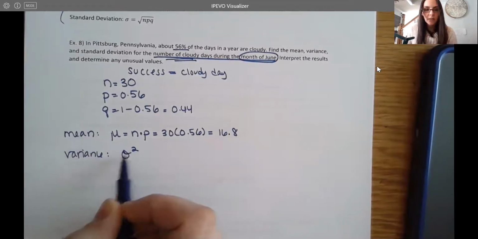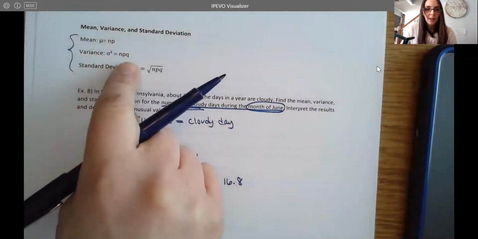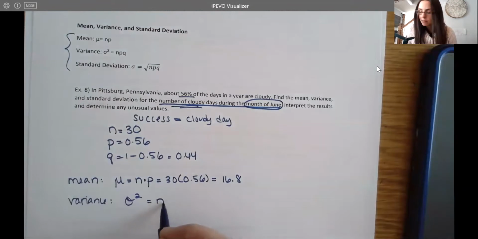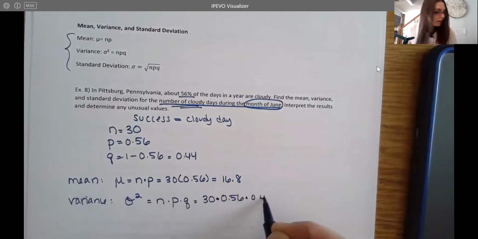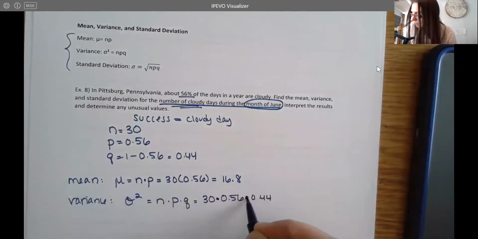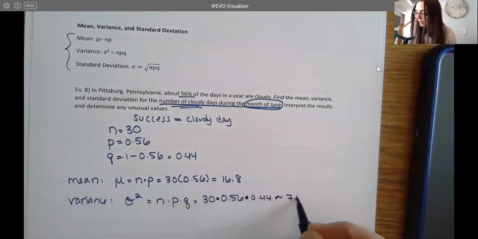So same notation for variance. I'm just using these formulas right here. So there's my mean formula, now my variance. It's going to be N times P times Q. So I have 30 times 0.56 times 0.44. And let's see, you get, I've rounded here, about 7.4.